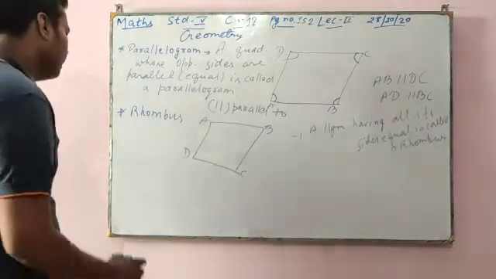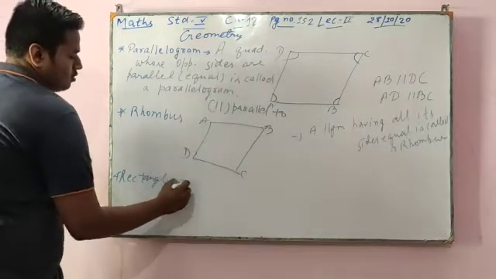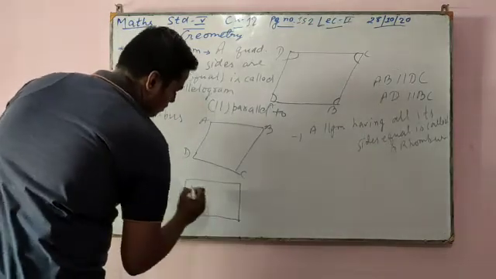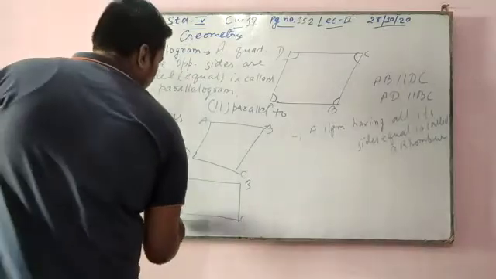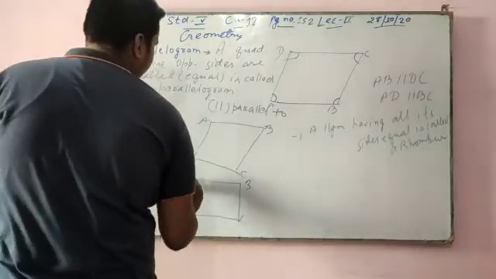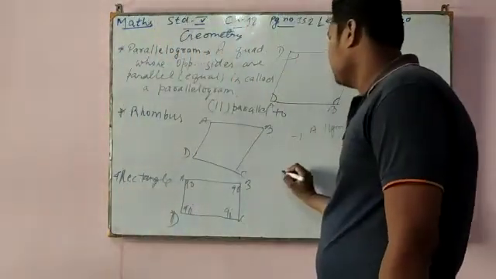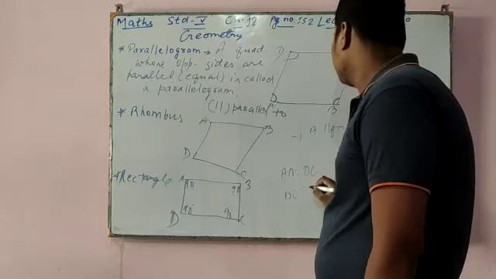Next I will go for rectangle. See, this is the figure of a rectangle ABCD. All angles are 90 degrees, and its opposite sides are equal. AB is equal to DC and BC is equal to AD.